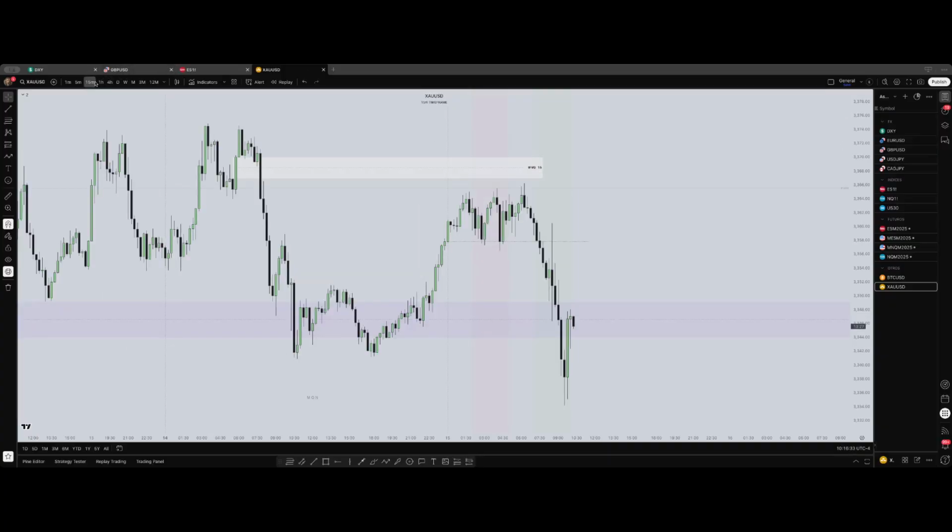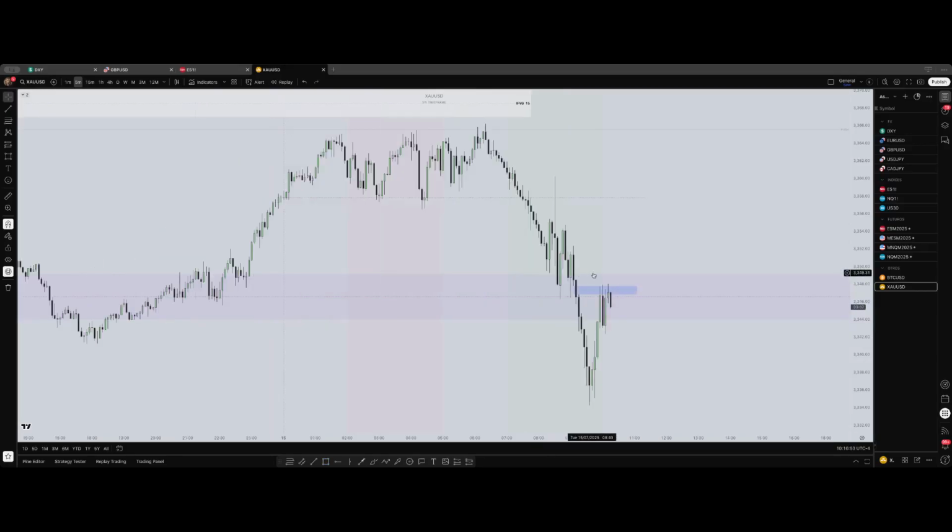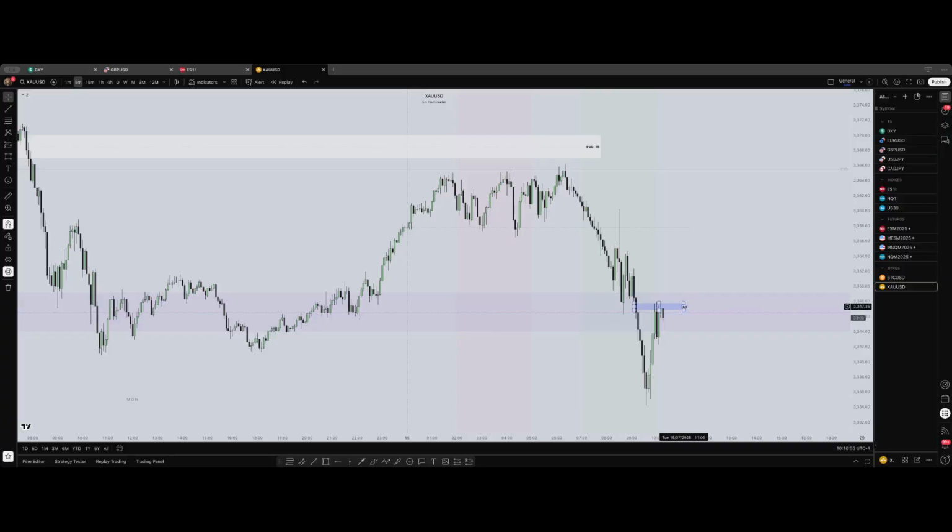15 minutes. 5 minutes. See how prices are reacting to this imbalance. How wicks are making damage, but price is respecting this level. This is the real resistance.